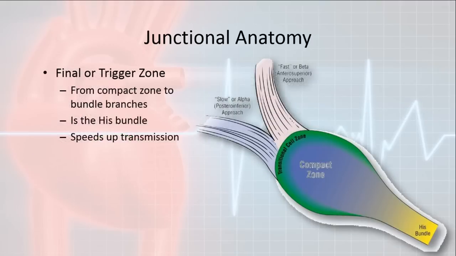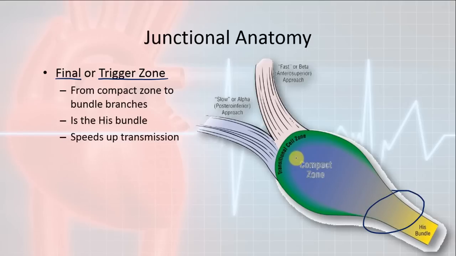The last part I would like to discuss is the final, or the trigger zone. It can be called either one of them. I've heard them both. It's not really labeled here on the picture, but the last part of the junctional node is the trigger zone, which is down in this area here.